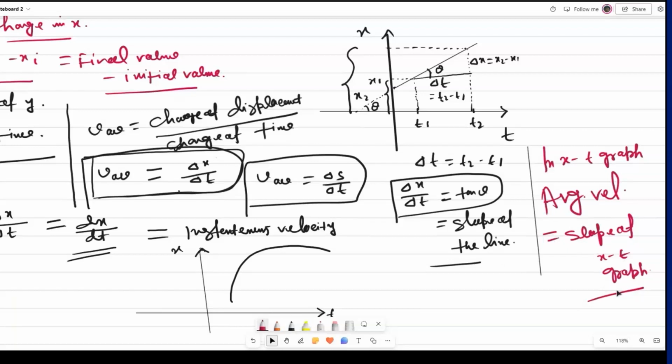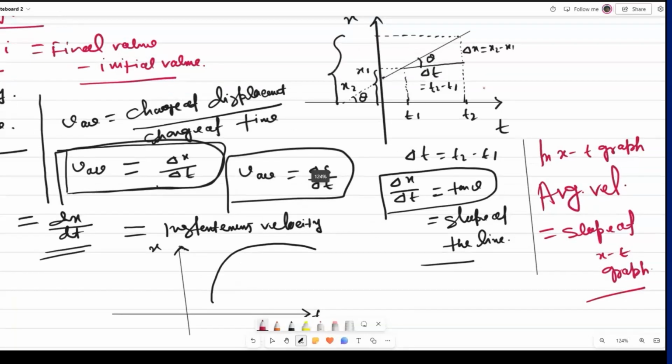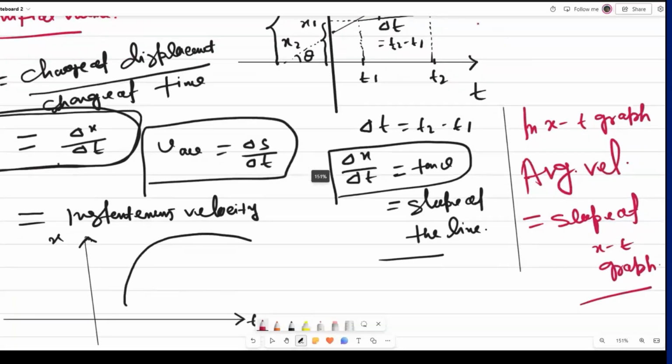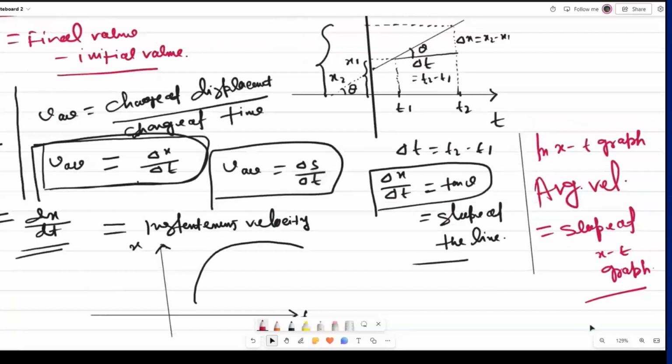The problem arises when the graph is not a straight line. This calculation of slope is very difficult. Delta x by delta t you won't get easily. Then what will you do? In that case, you cannot say that the velocity at this point is the same, because it is changing, both in magnitude and direction.